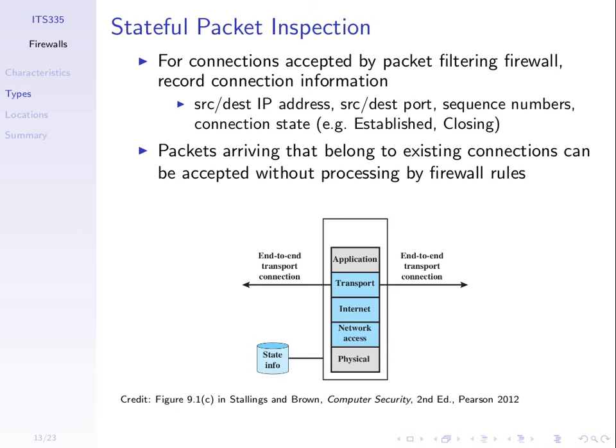Our diagram here, I think, just captures the fact that with stateful packet inspection, we store some extra state information about the connections. That's all. So we've covered this, that we keep track of the connection state, maybe other things like sequence numbers in the TCP connection. It's very useful for TCP connections, but also used for UDP.